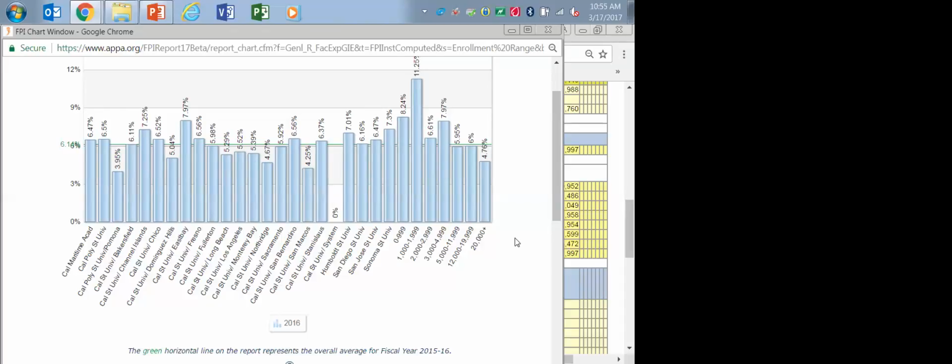So most of the campuses you see above the line on the average are our smaller campuses, and the majority of the campuses below the line are the larger campuses. But if there's a campus like San Marcos that is far below the line, and their percentage, even though they're a small campus, is in the 4.25% range, I'd be looking at either the data points or my funding level.